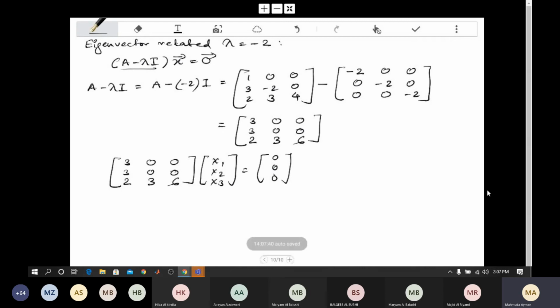So for the first one, we have here 3 times x1 is equal to 0. So x1 is equal to 0.